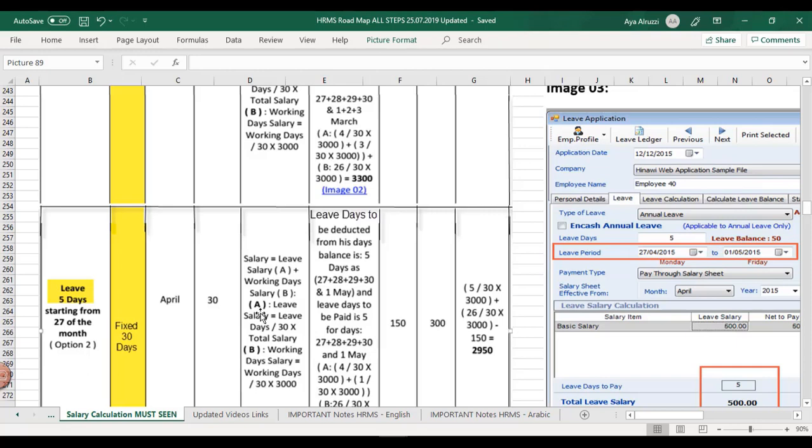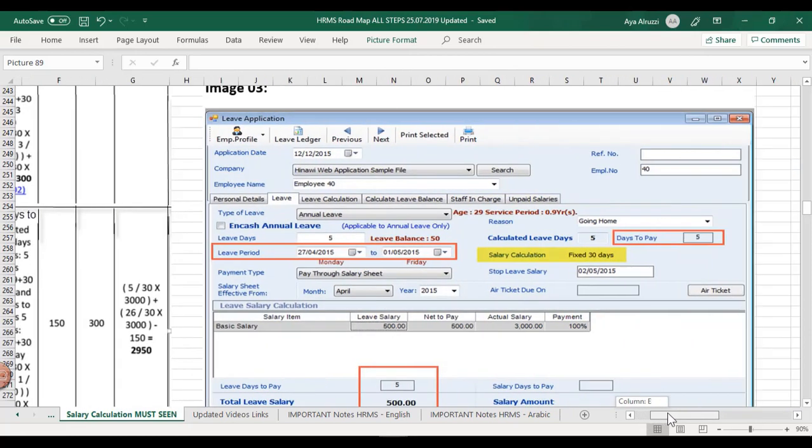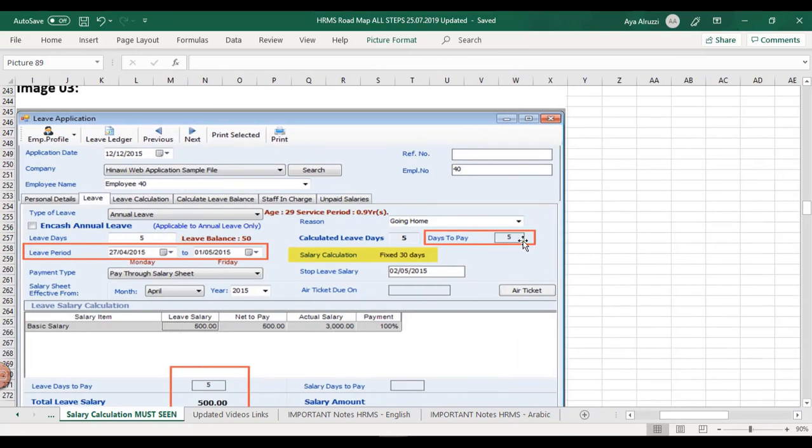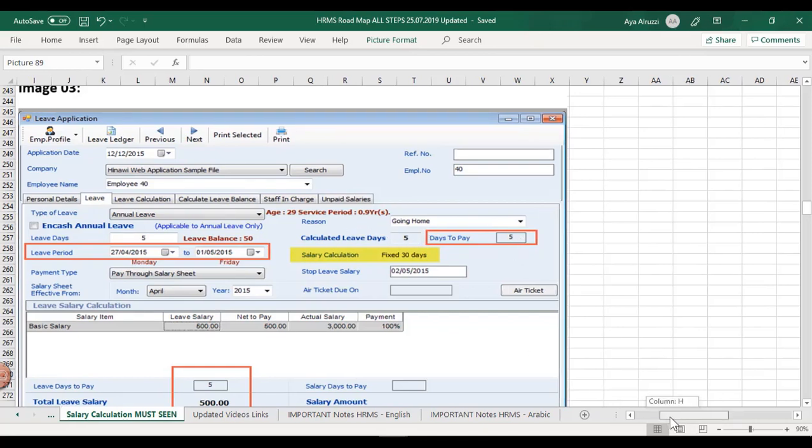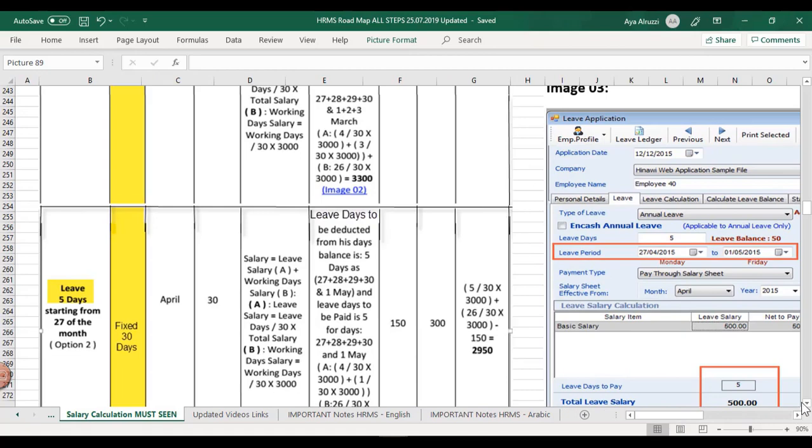It's 27, 28, 29, 30, and 1 day of May. If you add these all together, it will result in 5. So that's why here the days to be paid are 5, and the calculated leave days are also 5, since it's fixed 30 days.